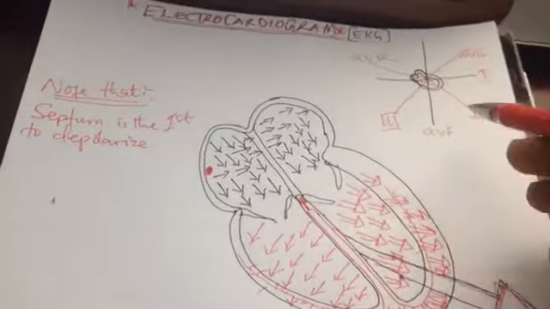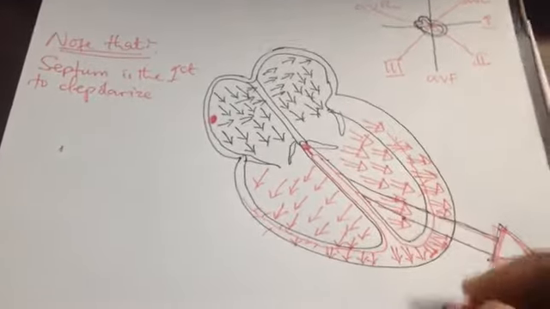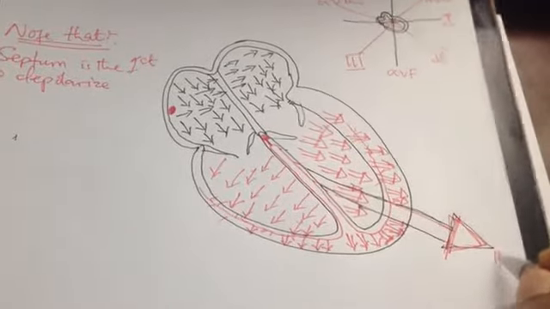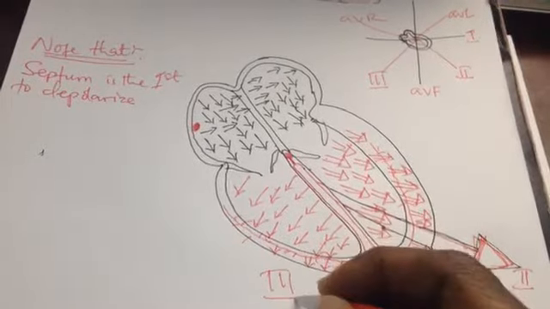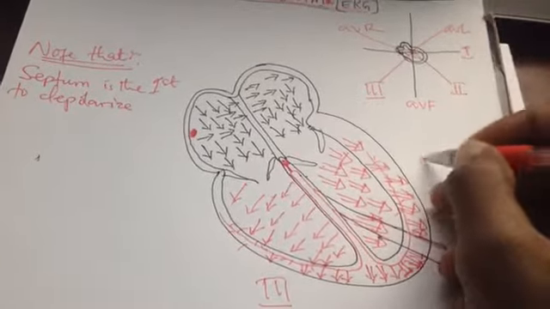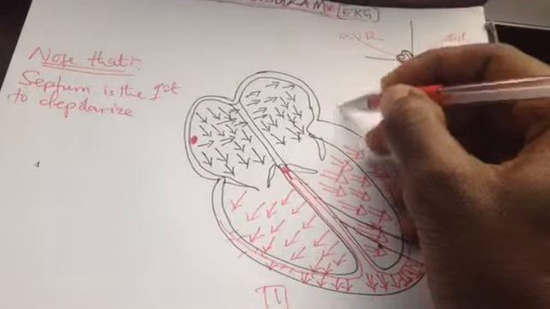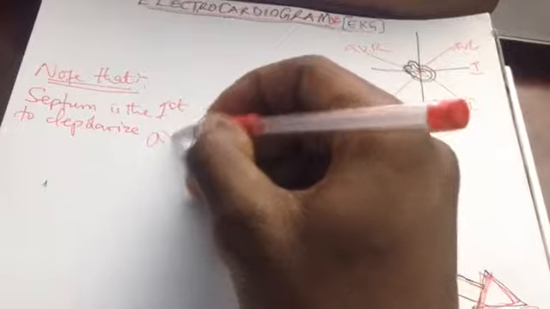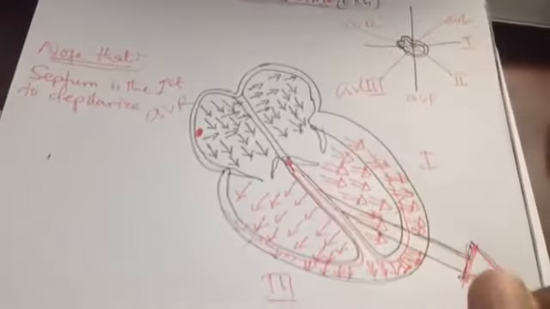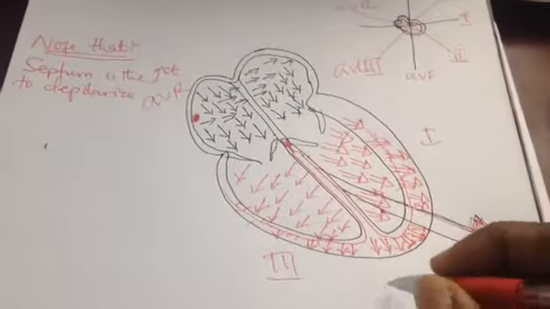So for example, if we take this corresponding to this heart, then here we are going to have lead 2, here we have lead 3, then here lead 1, then AVL here, then AVR here. Then AVF here.